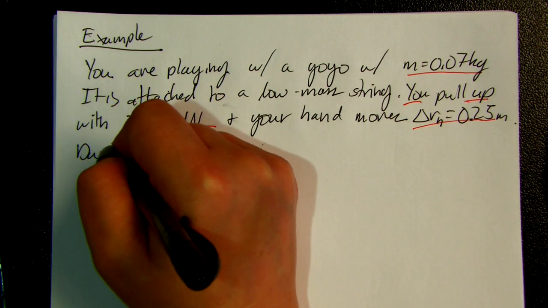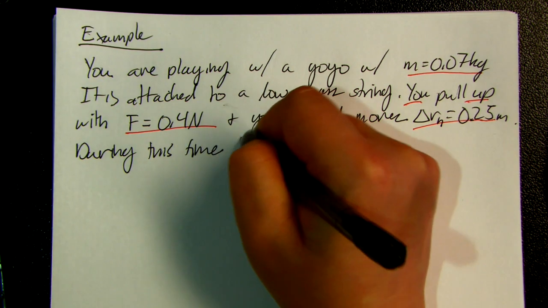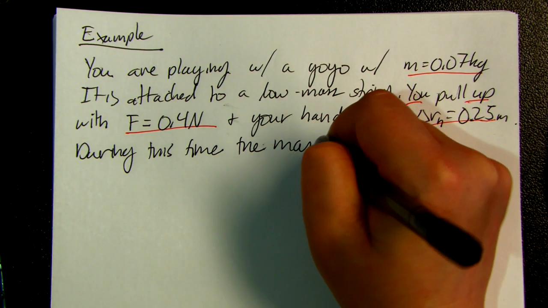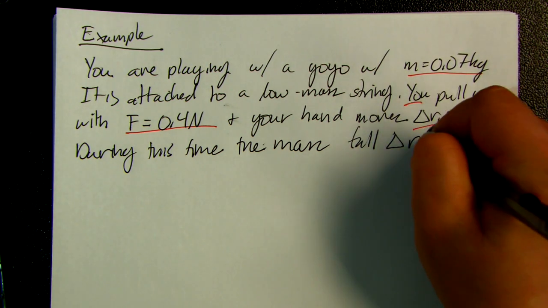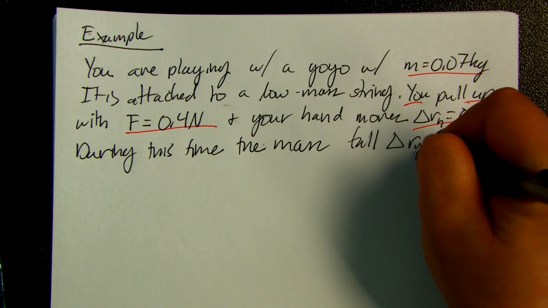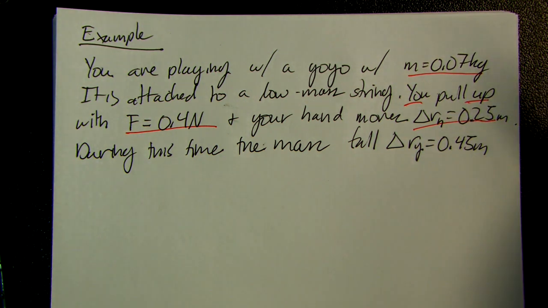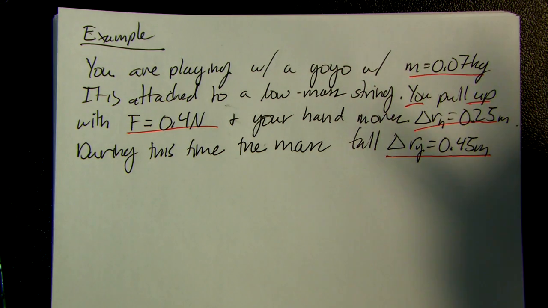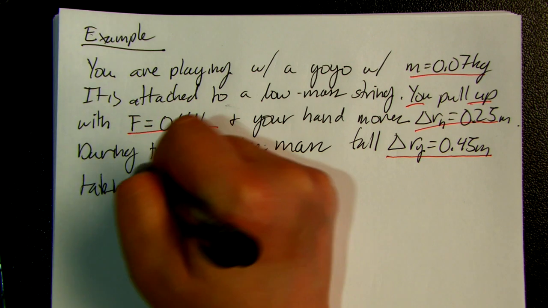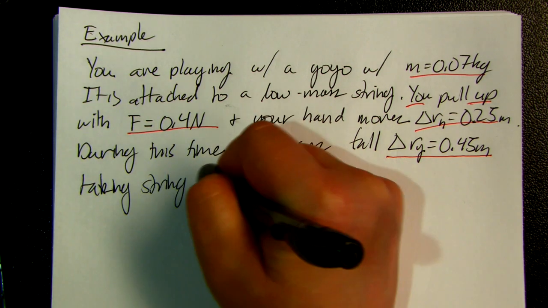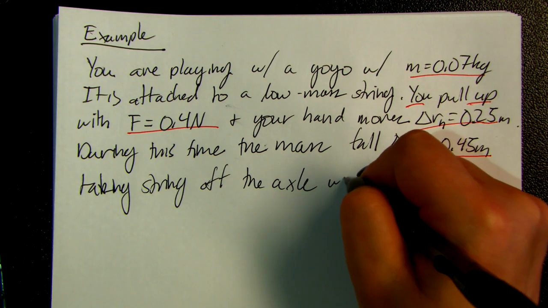During this time, the mass falls, delta R yo-yo, 0.45 meters, taking string off the axle with it. Just like you would expect a yo-yo to do.